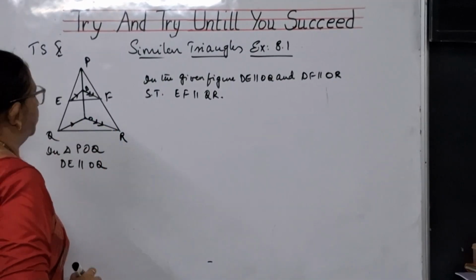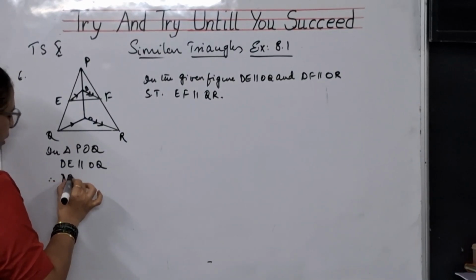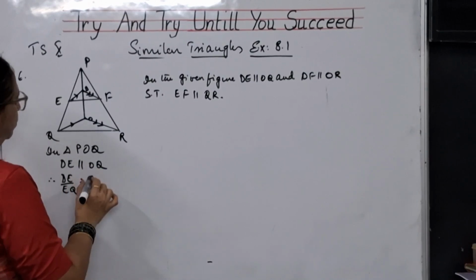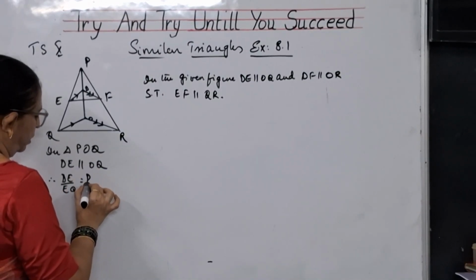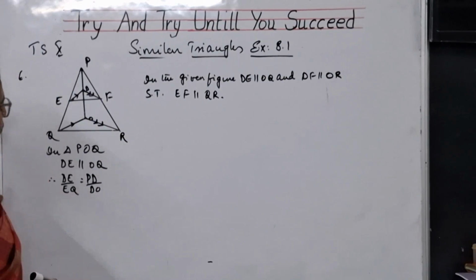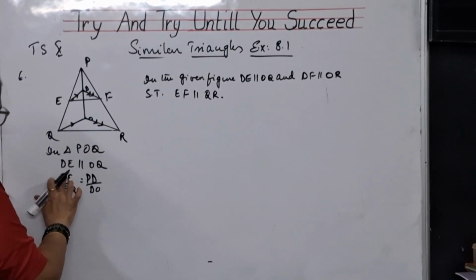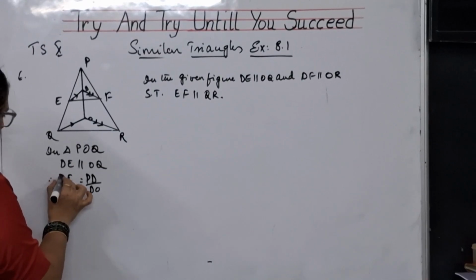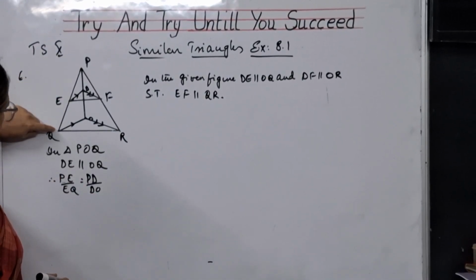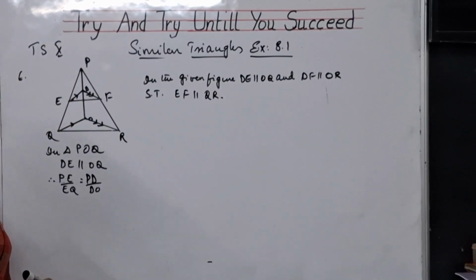When DE is parallel to OQ, what can you say? This is PE, not DE. PE by EQ is equal to PD by DO.